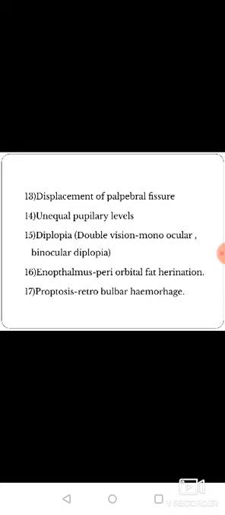Diplopia, as I told you, is what is called double vision, and usually there are two types of diplopia, monocular and binocular. Usually we are worried about monocular, because if there is monocular diplopia, that means there is a traumatic injury to the globe of the eye, and usually the lens gets detached.